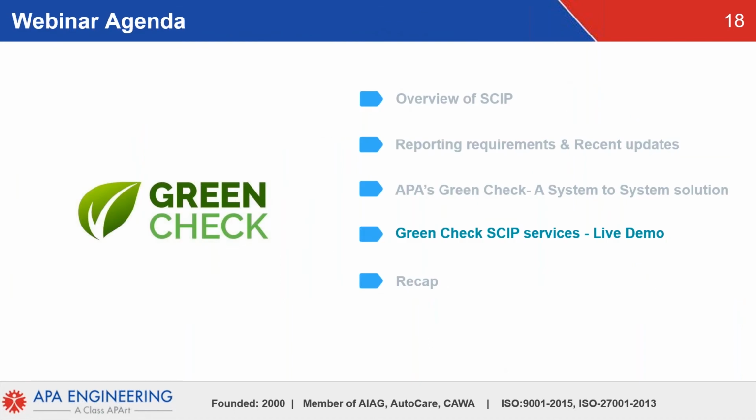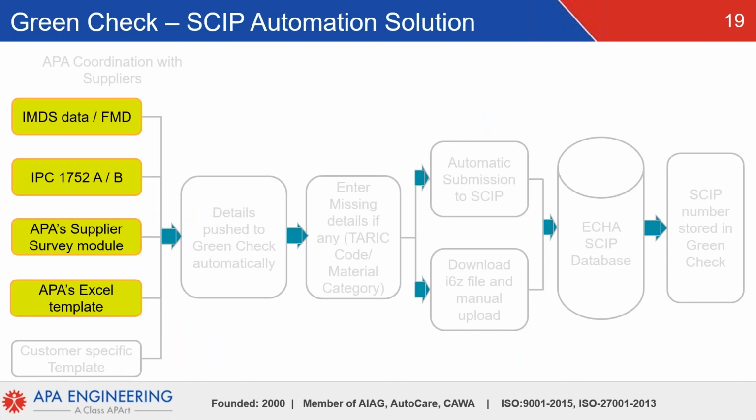So let me give a demonstration of the software. Before that, I have also put in some screenshots. As I said, I will show the process with different types of sample data, like IMDS, IPC1752, and an Excel template to start with, and then I'll come to the supplier module.